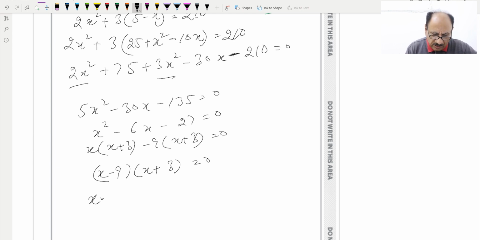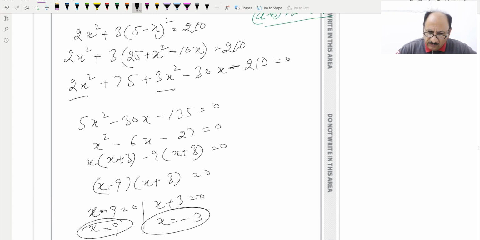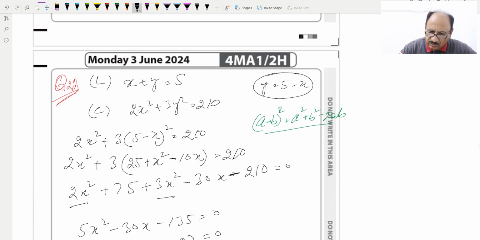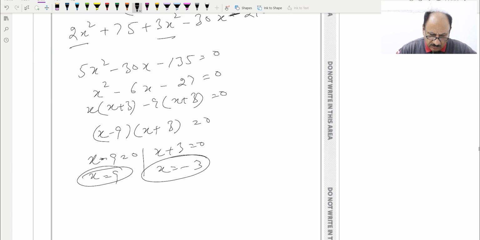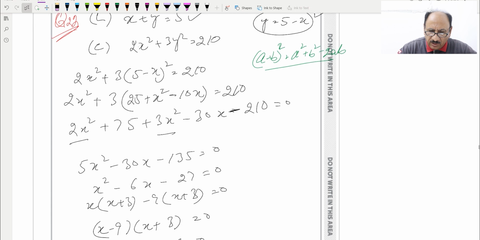So this implies x minus 9 is equal to 0, or x plus 3 is equal to 0. So x is equal to 9 and x is equal to minus 3. These will be the two values which we can replace in the first equation, y is equal to 5 minus x.